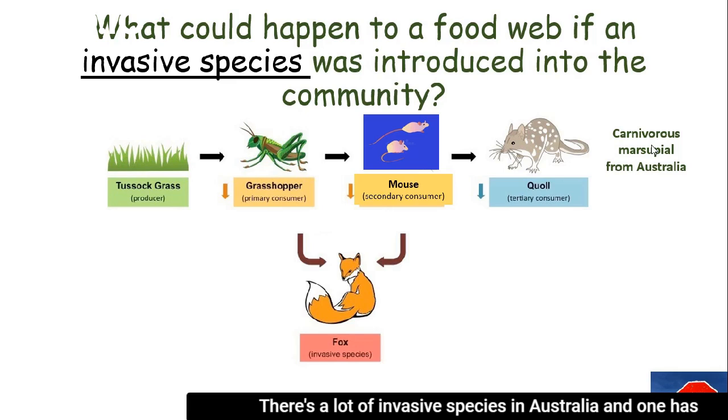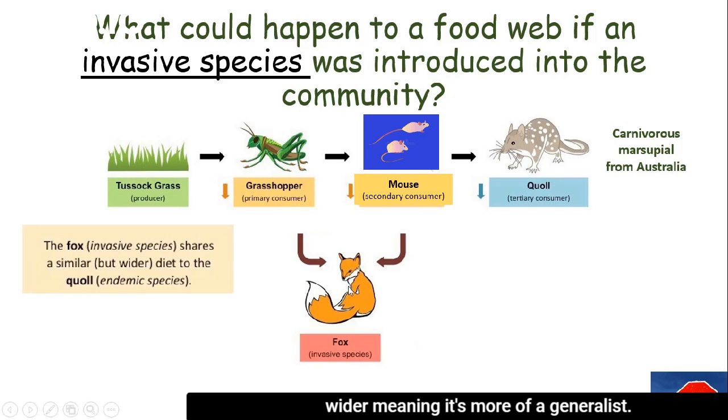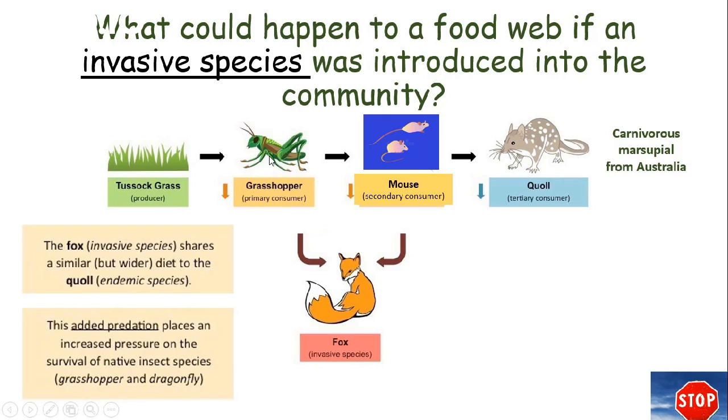Well, there's a lot of invasive species in Australia, and one has been the fox. And so the fox shares a very similar diet, but wider, meaning it's more of a generalist. It can feed on a lot more, but very similar again to that top predator that was naturally there, the quoll. This added predation places an increased pressure on the survival of the native insect species.